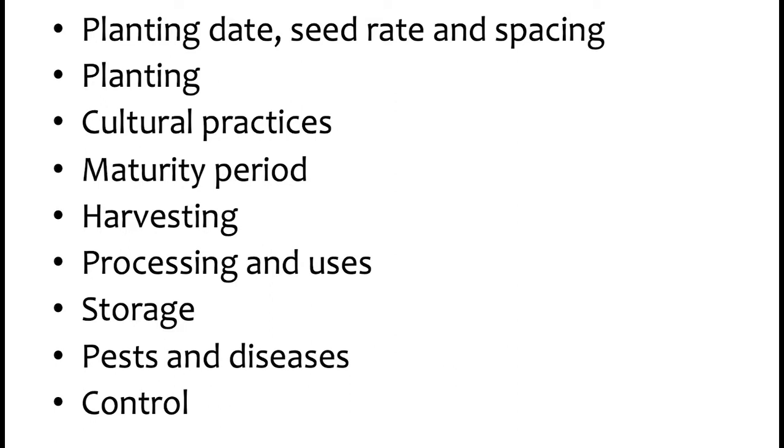We are also going to look at the planting, the cultural practices, the maturity period, harvesting period, processing and uses of this maize. Then we move forward to look at storage, then the pests and diseases of this maize crop and their controls, before we finally move to the assignment.